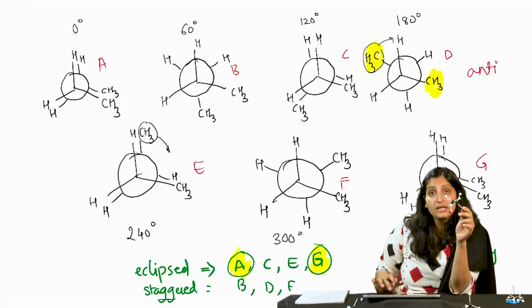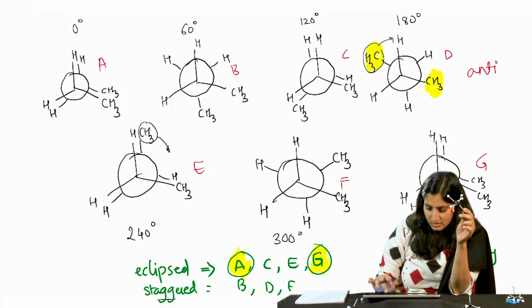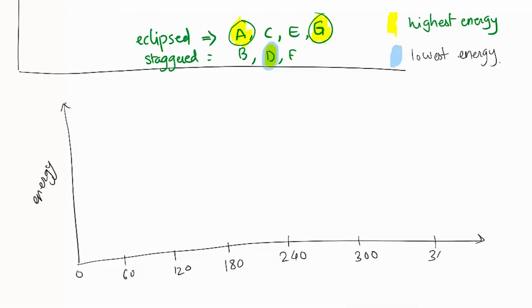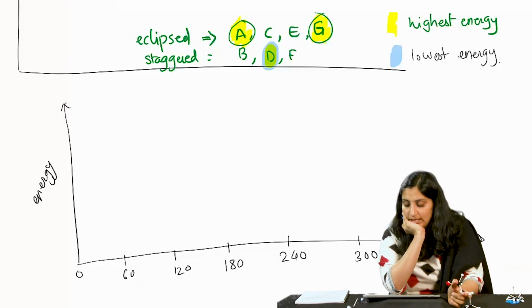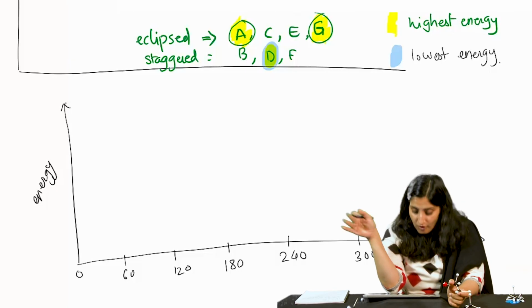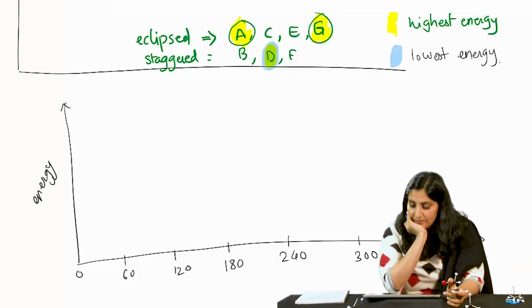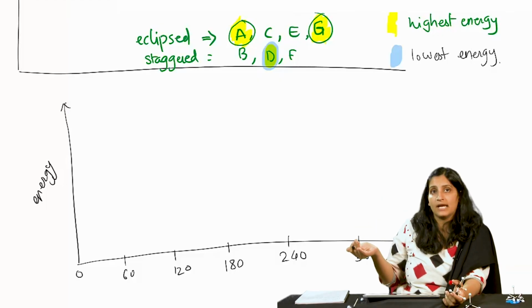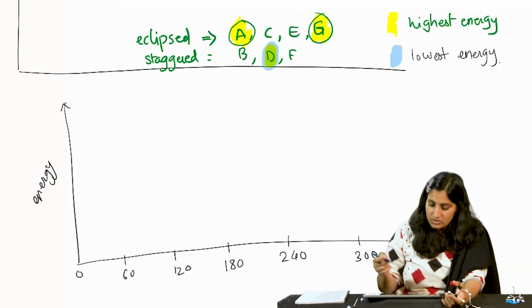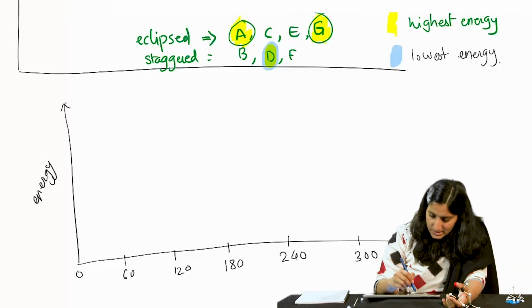So, now if I want to plot a graph of all of these, remember we have to plot all of these, A, B, C, D, E, F, G, such that they fall on the energy axis. Now, A and G are the highest energy. A belongs to the dihedral angle 0 degrees and G belongs to the dihedral angle 360 degrees.